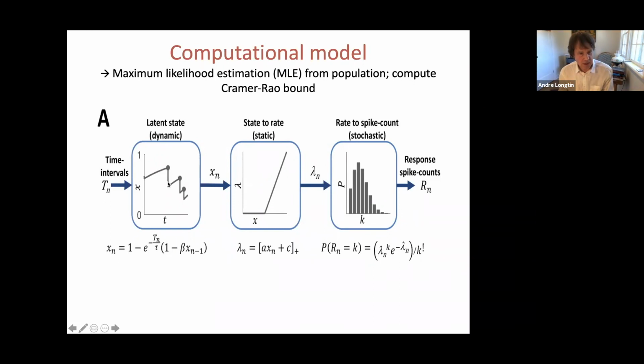Whenever there's a spike, it goes down. Whenever there's an encounter, it goes down, and so on. And there's this beta here, which is the memory in the system. If beta is 0, you care only about the last interval in this latent representation. But if beta is not 0, then you care about the previous ones, and then the system has an infinite memory.